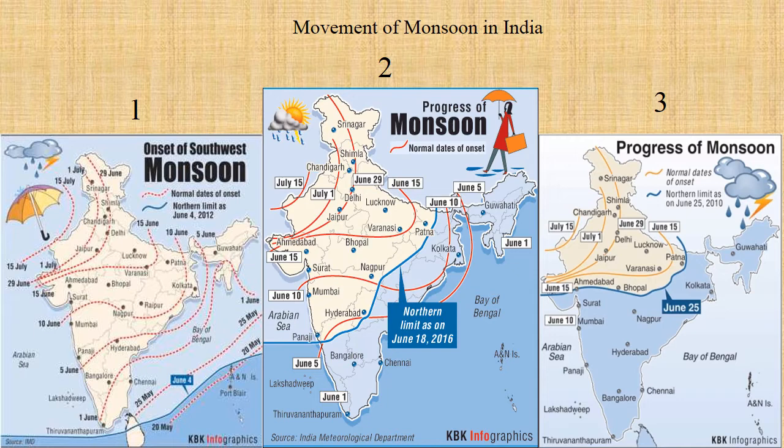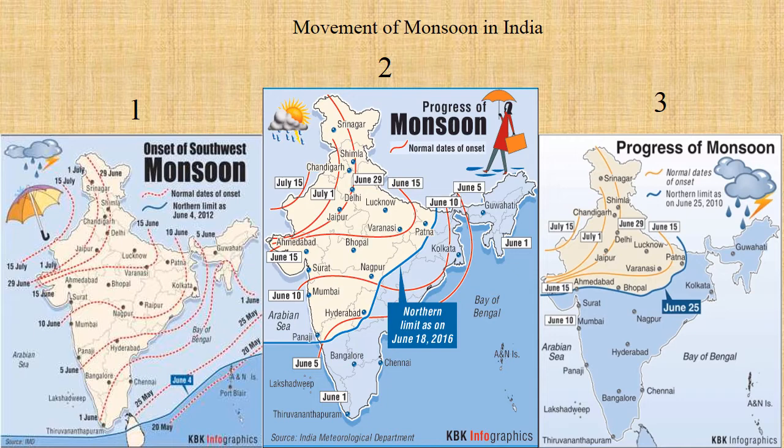If the pressure difference between landmass and water body is less, the movement of the monsoon wind will be slow. So for India, the pressure difference between landmass and water body should be high due to intense heating of the land and water in summer. This helps the monsoon winds to move faster.